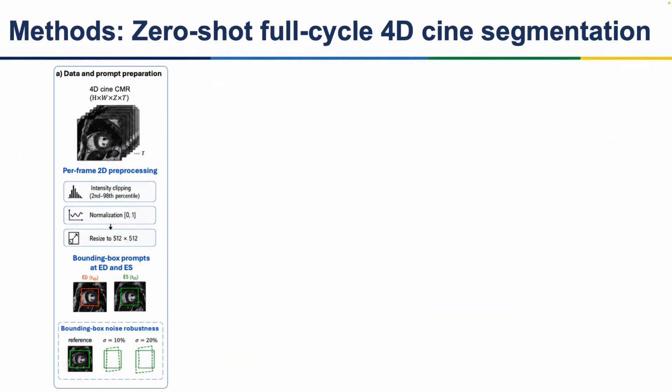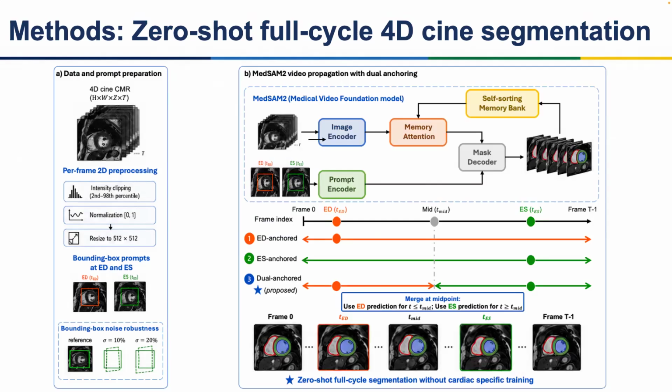So here is a complete workflow. Each short axis Cine volume is preprocessed slice by slice as a 2D plus time sequence. From the available ED and ES manual masks, we derive bounding box prompts for the right ventricle, myocardium, and left ventricle. These prompts initialize two independent MedSAM2 propagation passes. Their directions are merged at the temporal midpoint to obtain dense masks throughout the cycle.